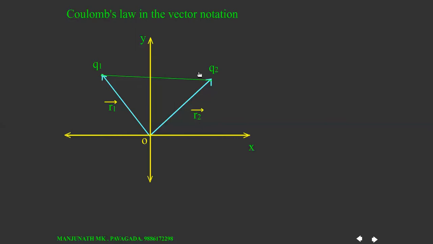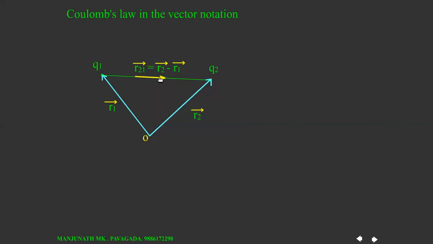The distance between q1 and q2 is represented by r21, that is equal to r2 minus r1. That is, r2 minus r1 gives r21. This is a vector. Its direction is in this direction. Now the force on q2 due to q1 is represented by F21, and it is given by F21 is equal to 1 over 4 pi epsilon naught q1 q2 divided by r21 square.